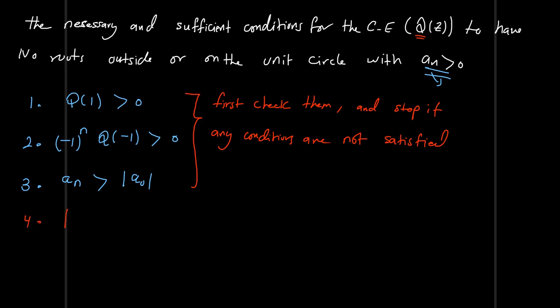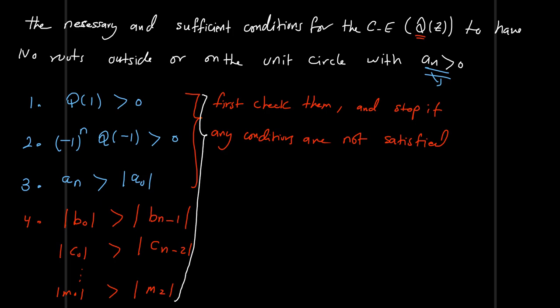Let's say the absolute value of b of 0 must be greater than the absolute value of bn minus 1, and the absolute value of c0 must be greater than the absolute value of cn minus 2, until we are reaching the last, let's say the absolute value of m of 0 is greater than the absolute value of m of 2. So the number of the conditions for the stability is n plus 1.